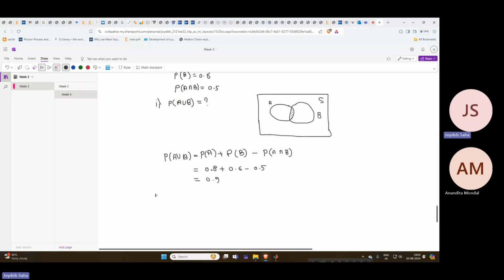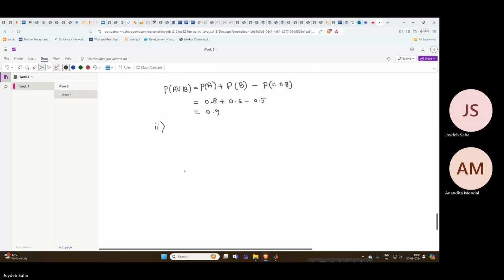Now question 2 is, listen carefully: are A and B independent events?